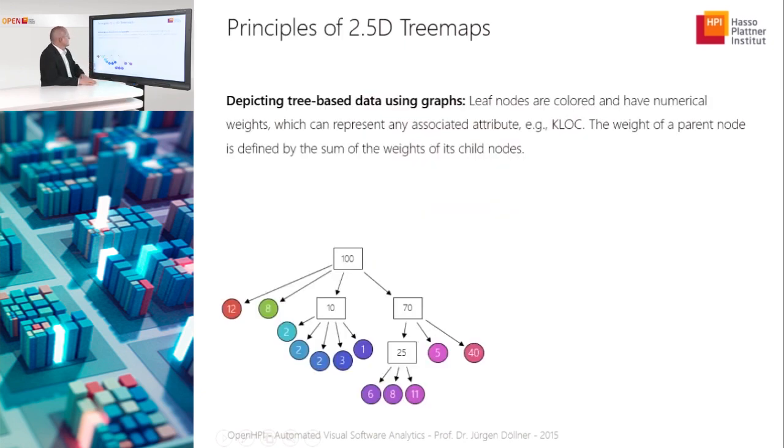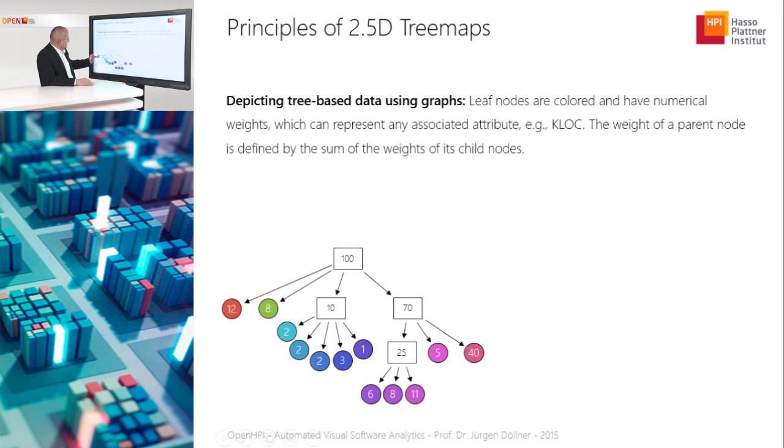Let's start with the underlying problem, the motivation. It's about depicting tree-based data using graphical representations. In this example, you see a tree depicted by graphs. We have parent nodes and leaf nodes. All leaf nodes are colored.